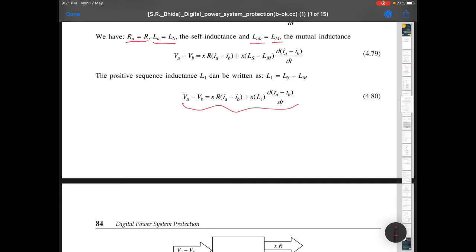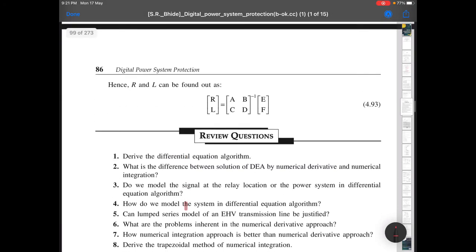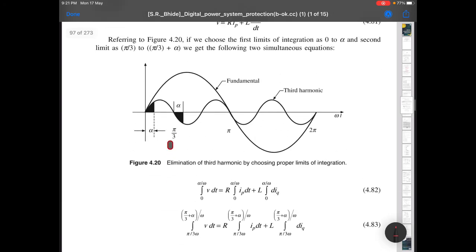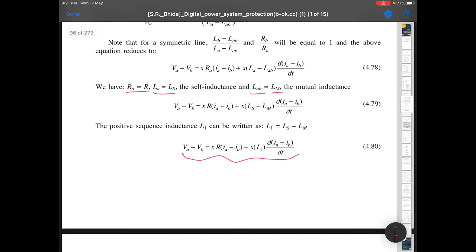In this chapter they have not shown MATLAB programming, but we have seen algorithms in unit 3, like first and second derivative, Mann and Morrison, 3 sample technique, 2 sample technique.